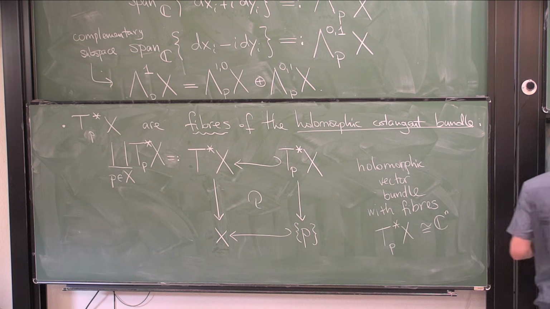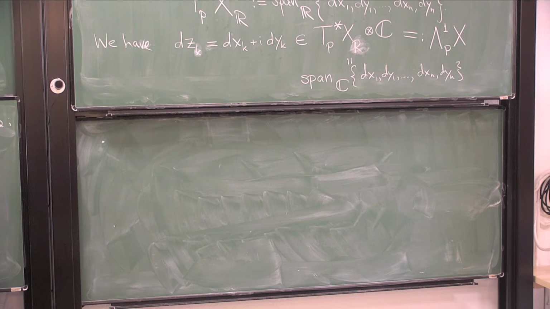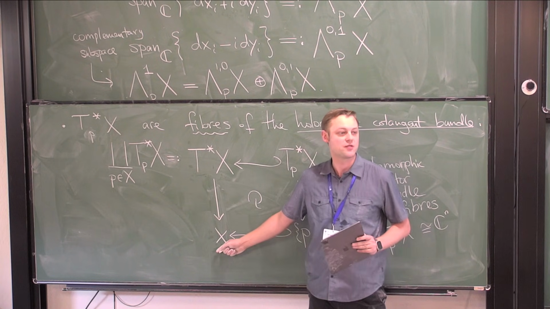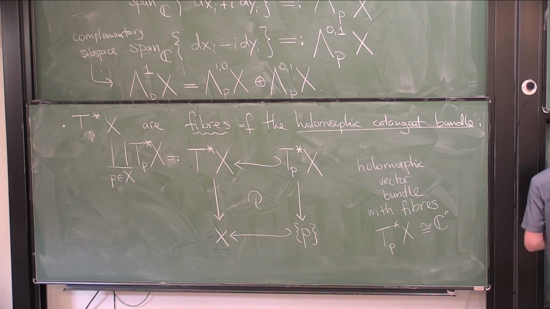And so whenever we have a bundle of this sort, what we like to do is take sections. Sections are just maps from X back to T*X which compose to the identity. And these sections, we call them holomorphic differential forms.